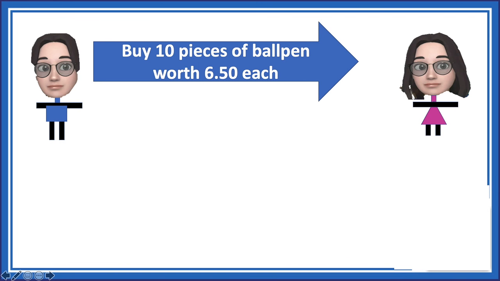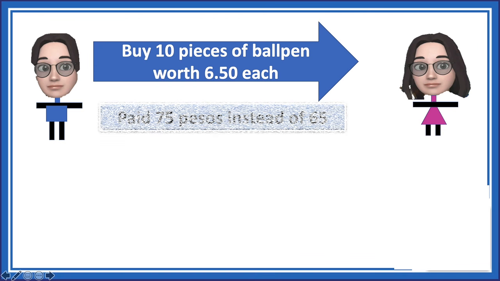Then, instead of the total amount he should pay being 65, right? Because 6.50 times 10 is 65. But instead of having 65 pesos in that contract, what was written there was 75 pesos, and it was made by mistake.